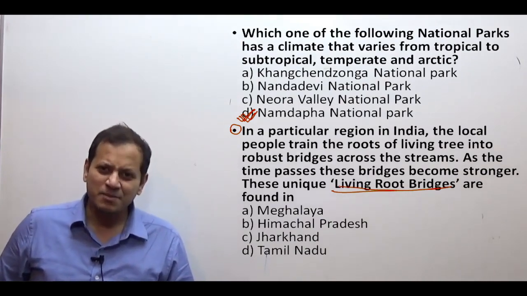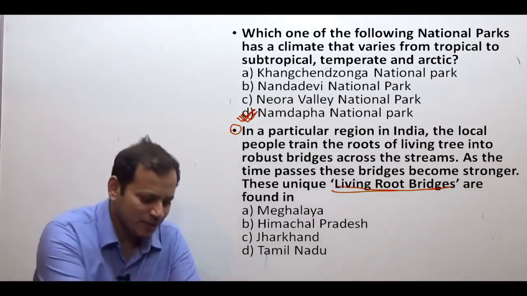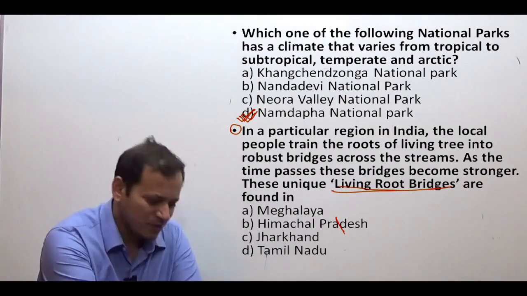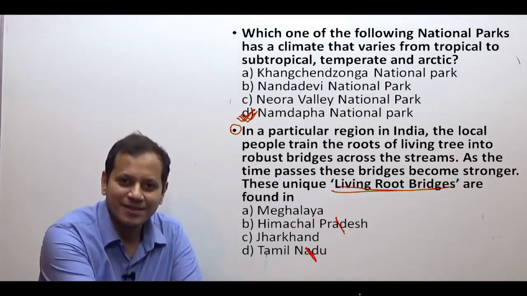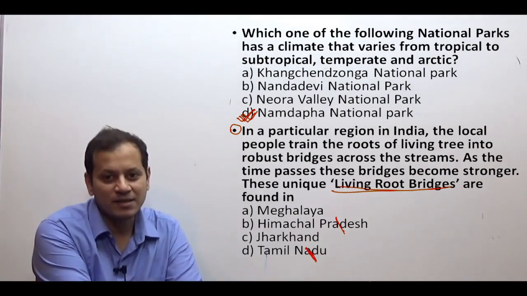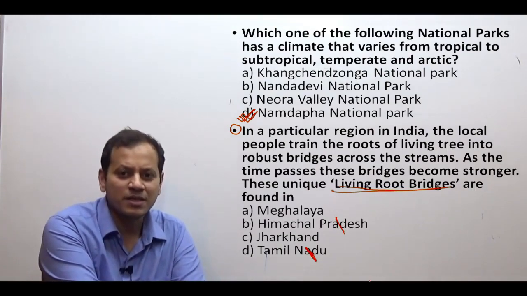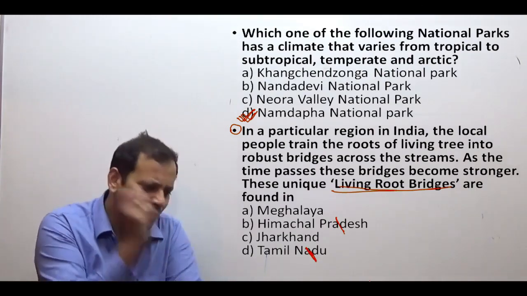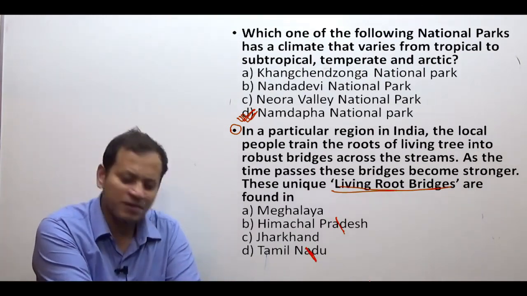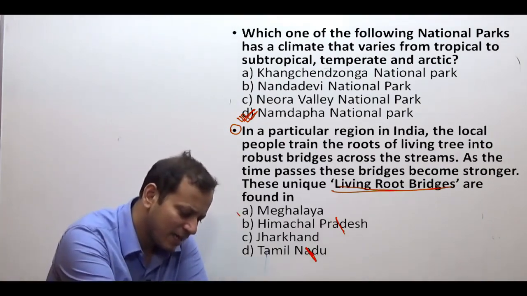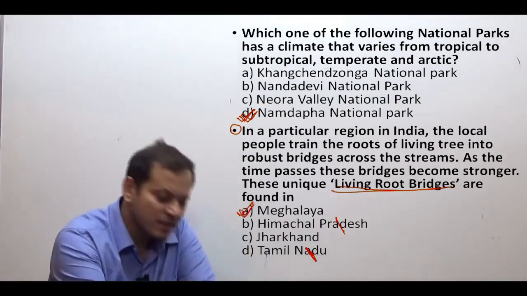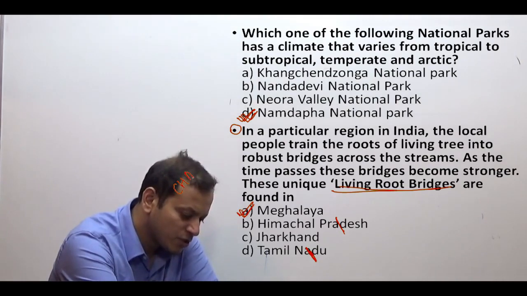Now, Himachal Pradesh, so the option is negated. Tamil Nadu, no, option is negated. Jharkhand and Meghalaya remain. Now, out of that also, go by your intuition that the highest rainfall occurs in Meghalaya, and then the answer becomes Meghalaya. So these are always the chance questions in UPSC.